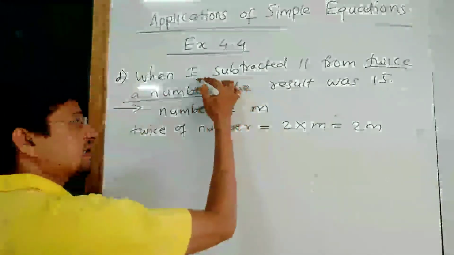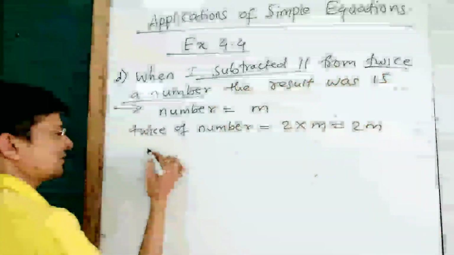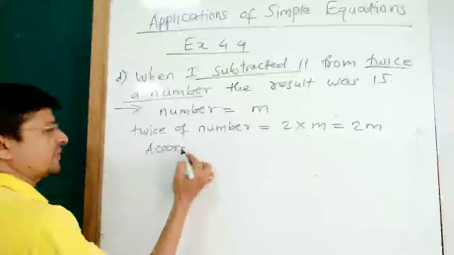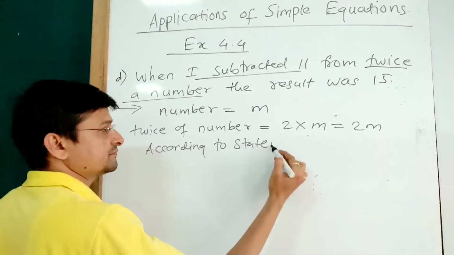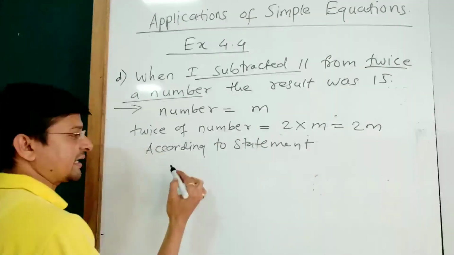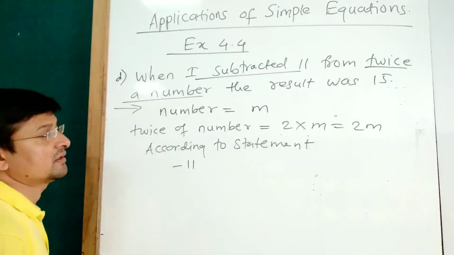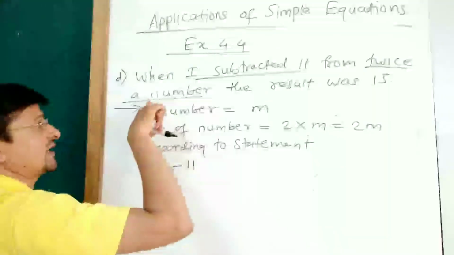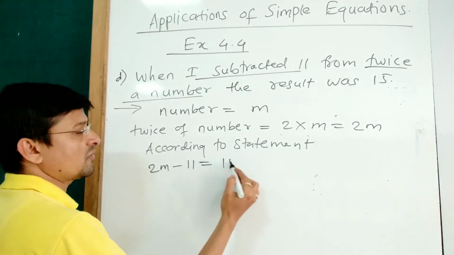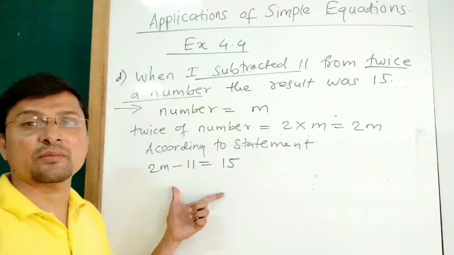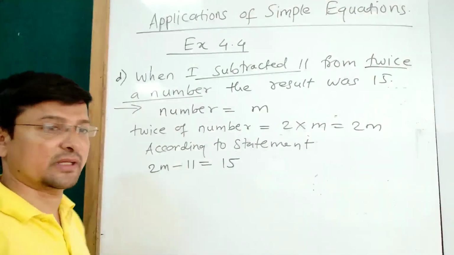Now subtract 11 from twice the number. So here according to the statement, we subtract 11, that means minus 11. From which? From twice the number, so 2m. The result was 15. So 2m minus 11 is equal to 15.